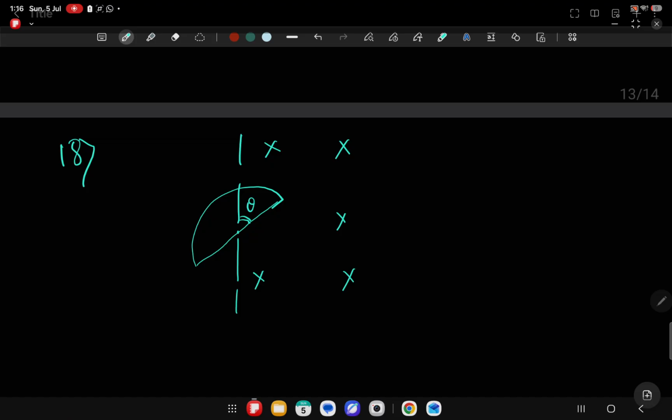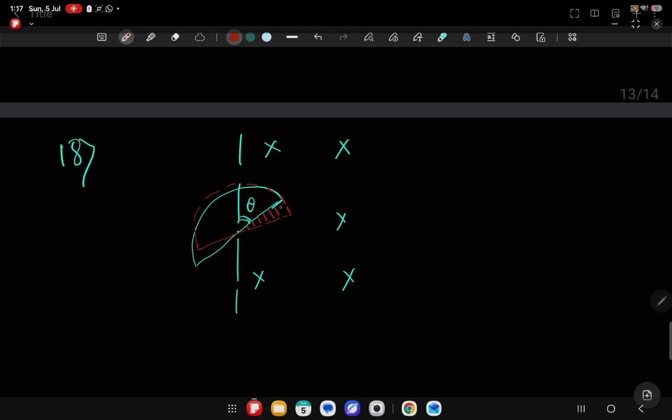At the next instant, suppose the ring further rotates by an angle d theta. So now this becomes the ring. It further rotates. So how much area is increased?